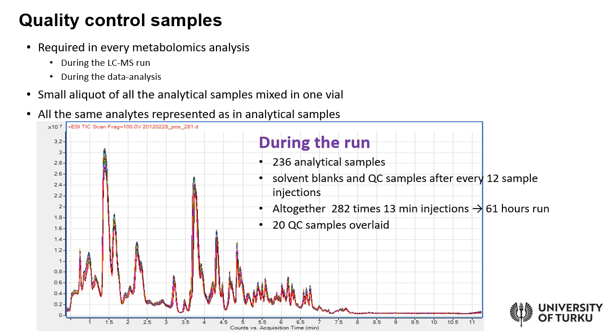For example, if we have a human dietary intervention sample, we can have tens of participants and different time points and different diets, and it's a very typical situation that several hundred samples are analyzed in one go. Nevertheless, it is essential that all the samples that go to one metabolomics analysis are analyzed at the same time, as much as possible.